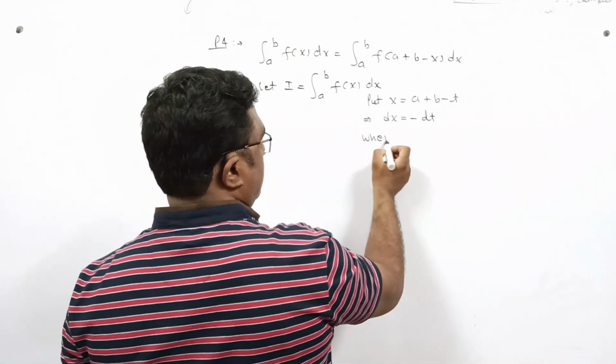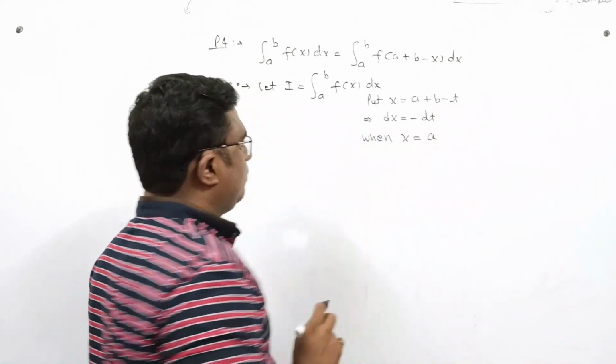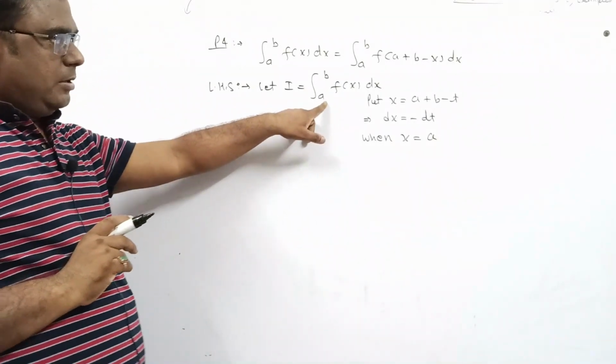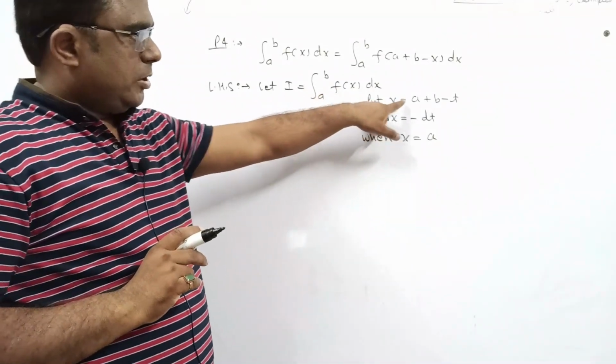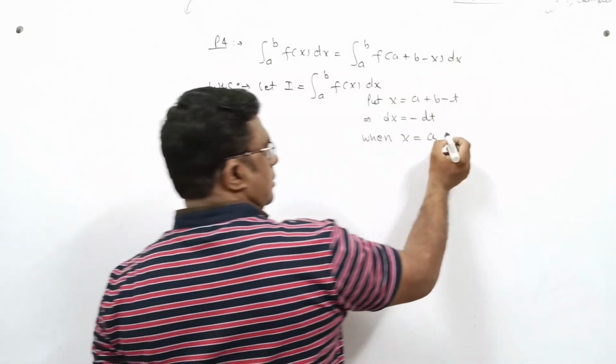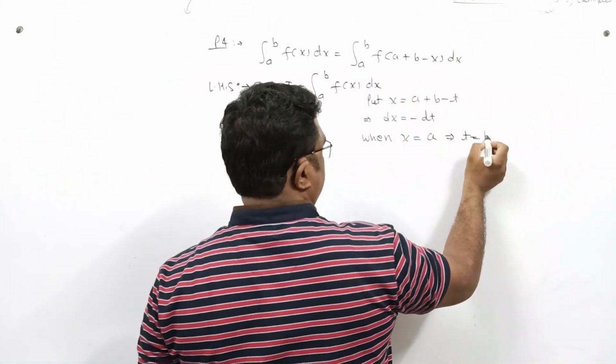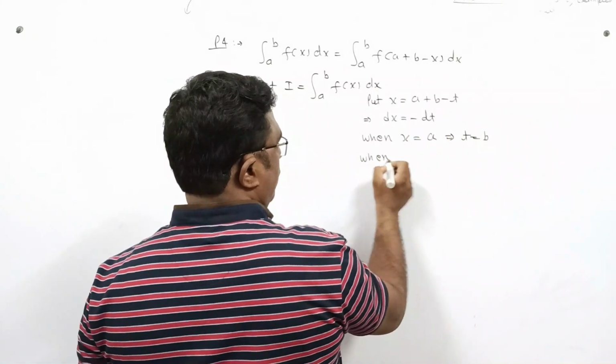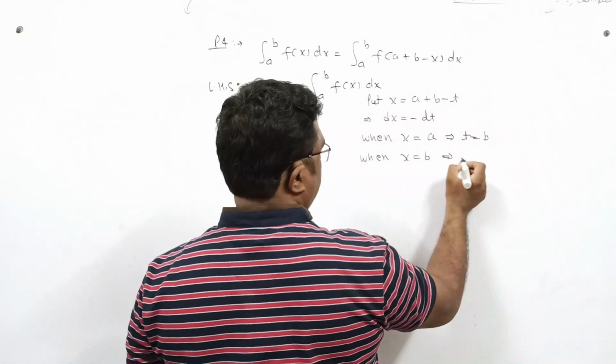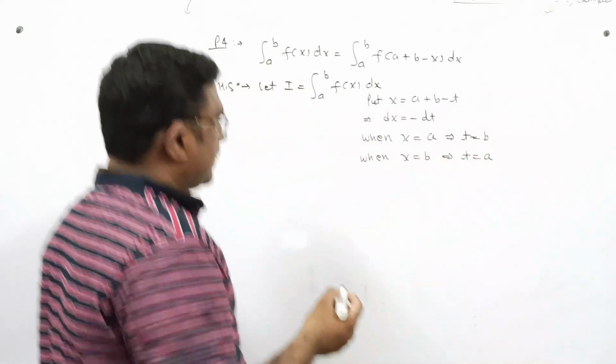When x is equal to a, what is the lower limit? a. So put a here, so a and a cut, then you will get t equal to b. And similarly, when x is equal to b, you will get t equal to a.